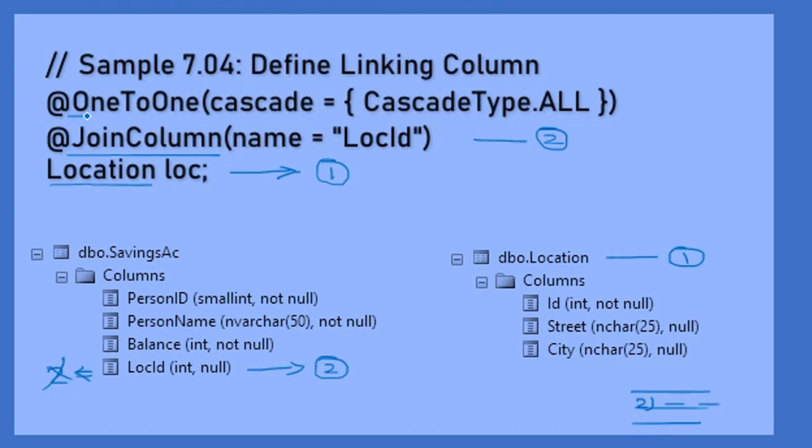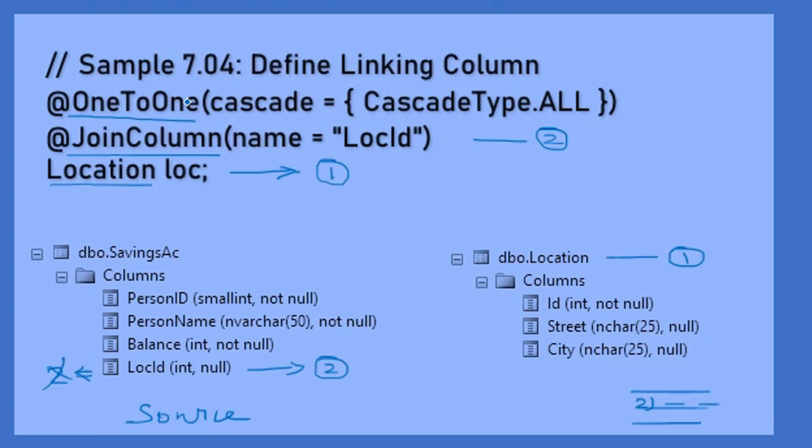Then here we are specifying that this location is following the one-to-one annotation. That means when there is an ID here and in the target, so this is the source, right? Savings account. So in entity terms, source is savings account and target is the location.